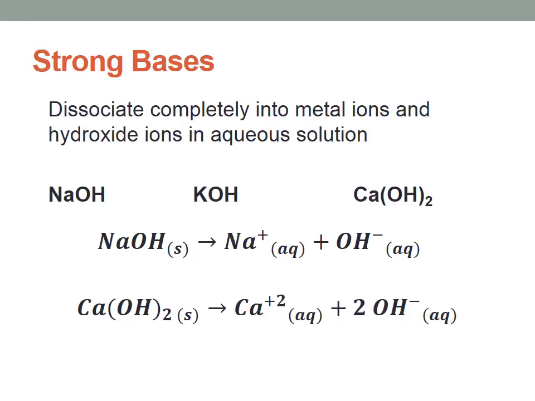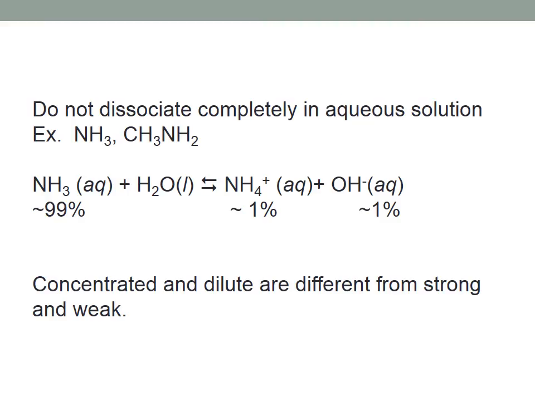Calcium hydroxide gives us the metal ion calcium and two hydroxide ions. Because we have two hydroxide ions here, we need to balance it out. So again, strong bases, just like strong acids, will completely dissociate in solution. They're going to give us metal ions and a hydroxide ion.